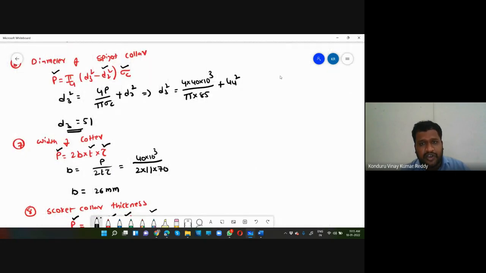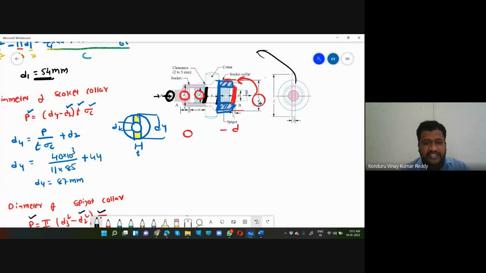This is the design procedure, if not design values, for finding out our sleeve, spigot and quarter joint. This is the figure. If you see the figure, just check for the values.